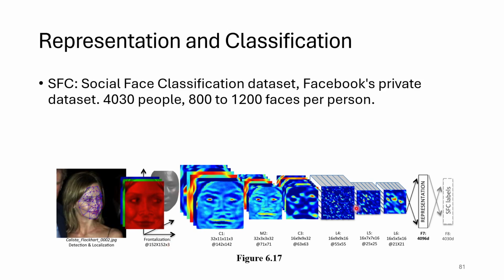Then it goes through their network, and finally they will create a vector over 4,030 people. So let's make a comparison again. Because this is a classification problem, finally they need the score for each class. So here they have 4,030 classes according to their definition.